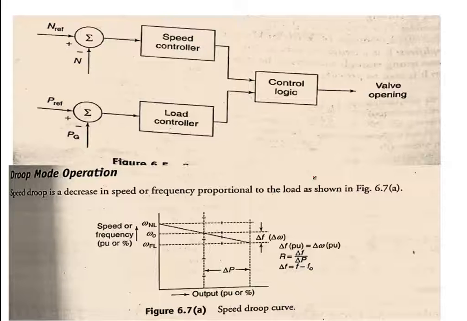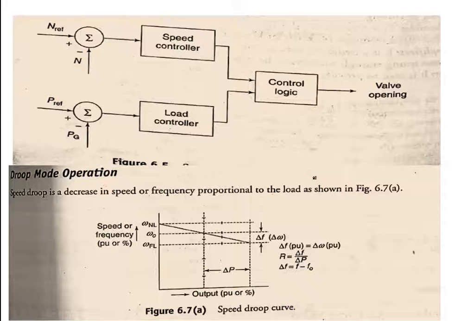The mode of operation called the slope indicates the droop characteristics. That is the slope of the speed; the droop characteristics are drawn as frequency versus output, with frequency in per unit and output power in per unit. Here we consider two kinds of speed: the no load speed and the full load speed.